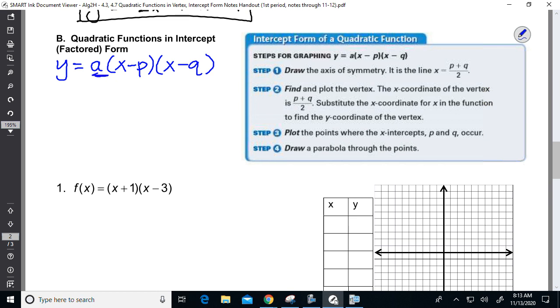So a, p, and q represent numbers. The a value, you will take as is. The p value and the q value, since they are both in parentheses, you would take the opposites of them.